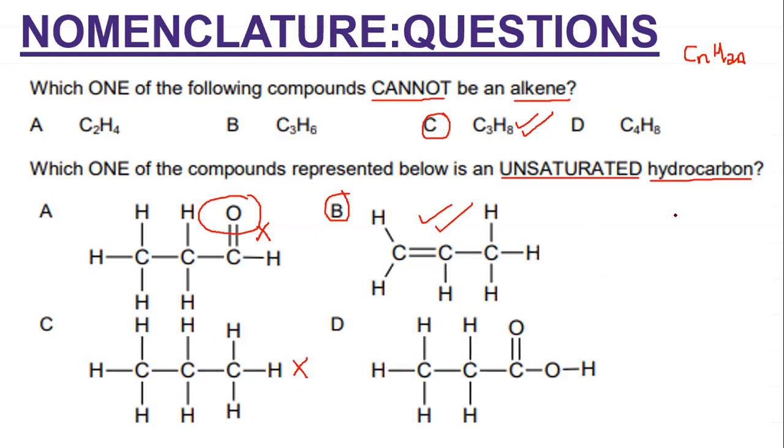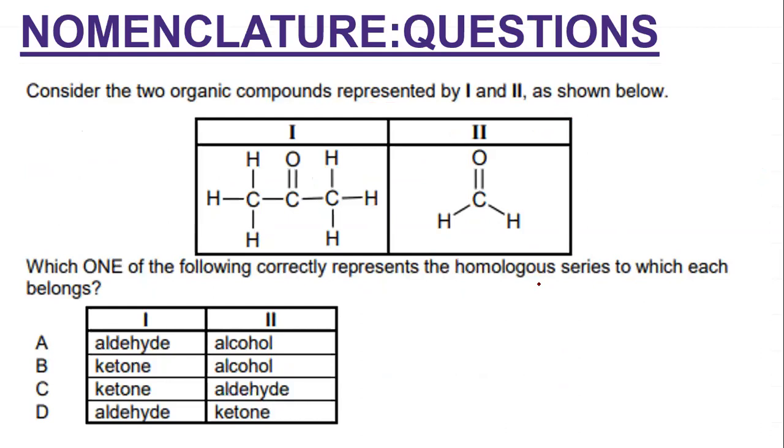This one, firstly, is not a hydrocarbon because there are atoms other than carbon and hydrogen, so that completely eliminates it altogether. So these are the type of questions that you should expect as multiple choice questions in the section on nomenclature.